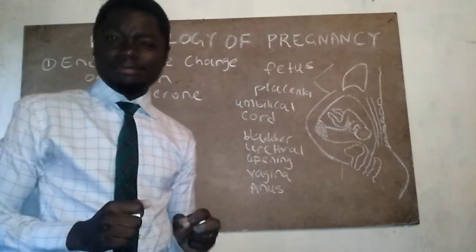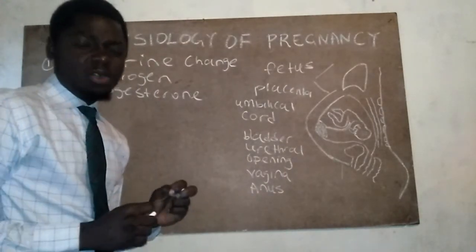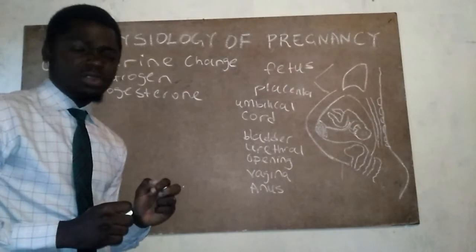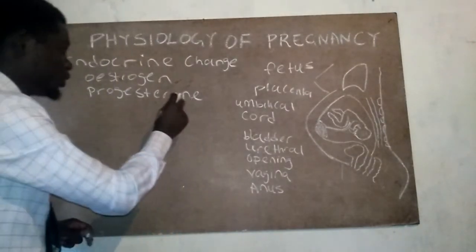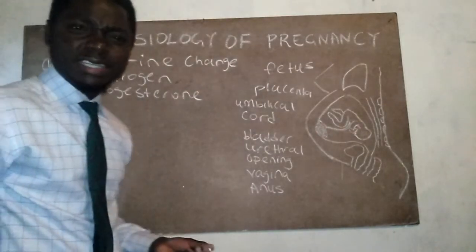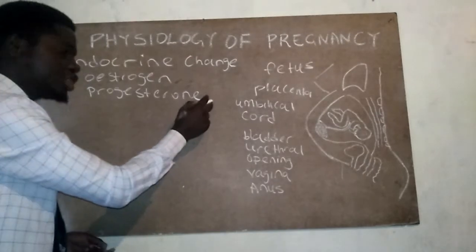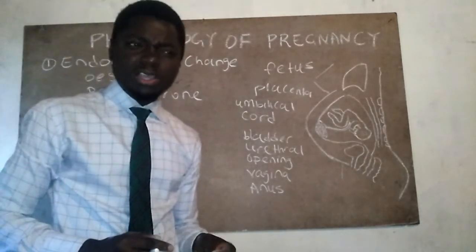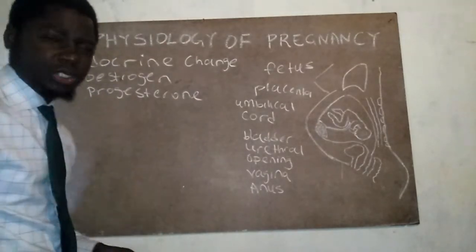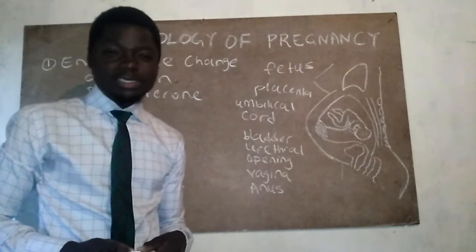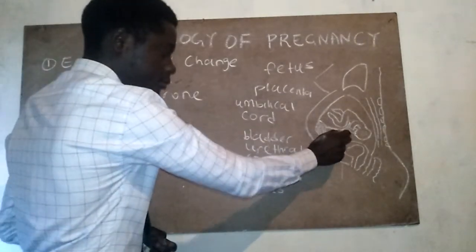To make this clear, the pituitary gland is going to stimulate the cells of the ovaries, that is the corpus luteum. It's going to start producing estrogen to some extent, that is in a lower amount. Also, it's going to stimulate the cells in the corpus luteum, those are the luteal cells, and they will produce progesterone. And what progesterone does is maintain this pregnancy.